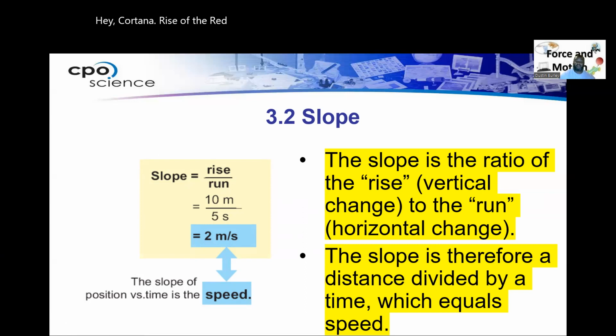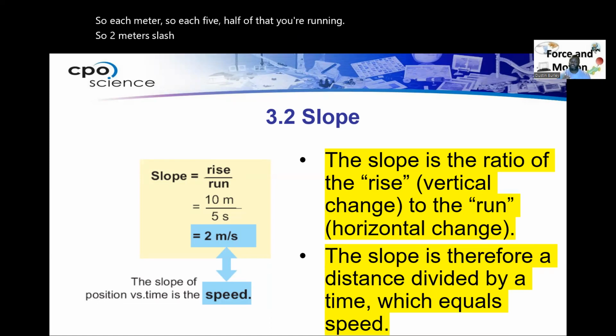So if the position in this case was 10 meters and you ran 10 meters in 5 seconds, so each half of that you were running, so 2 meters per second.